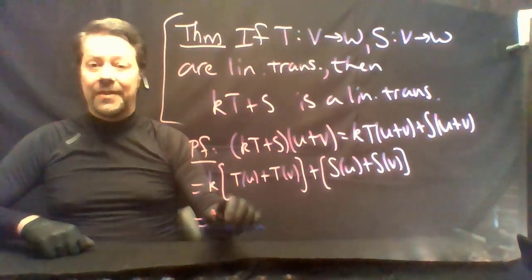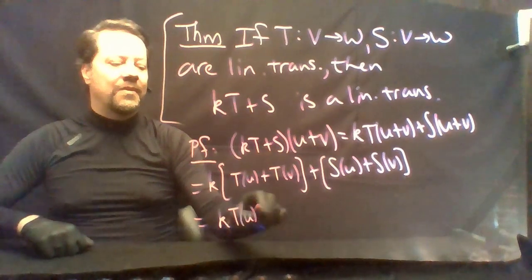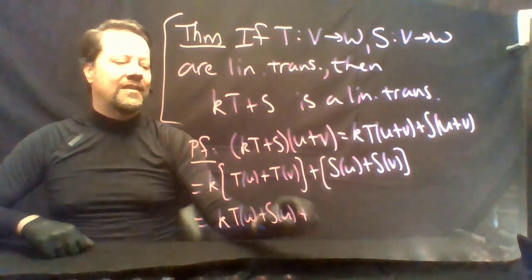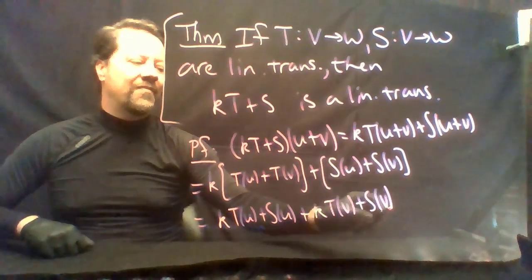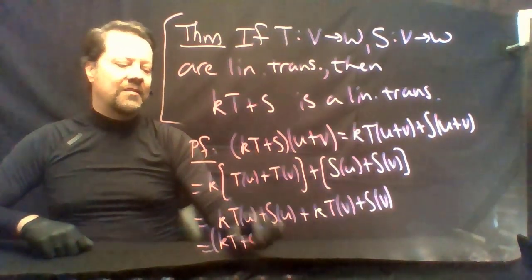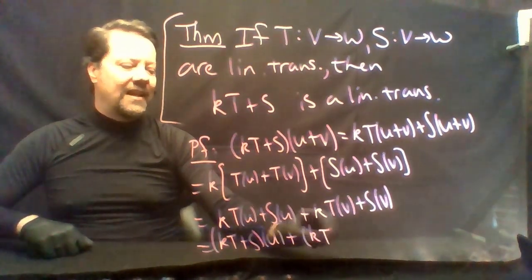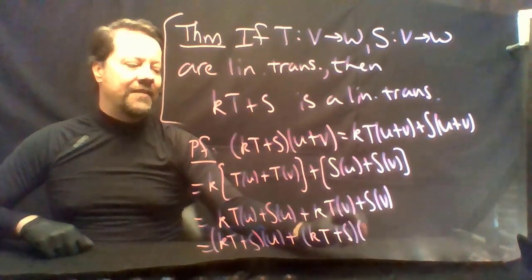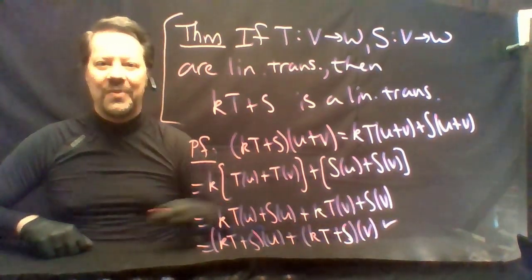By the commutative and associative laws, we can rewrite this as kT of u plus S of u plus kT of v plus S of v. But that is (kT plus S) of u plus (kT plus S) of v. That's the first property of linearity. We need to prove the second.